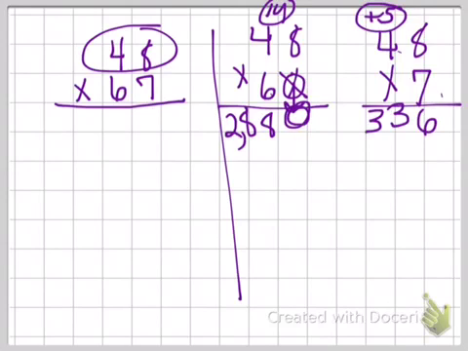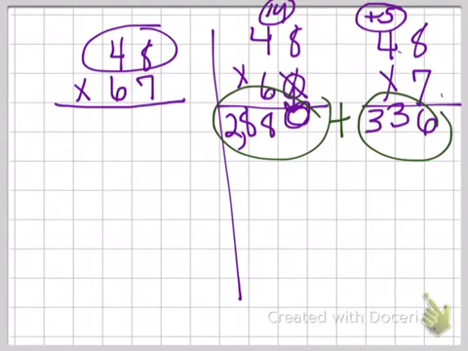So my next step is I need to add these together, right? Because it's not 48 times 60, it's not 48 times 7, it's 48 times 67. So I have to add these together to get my answer. So I'll just do it right here. 2,880 plus 336.